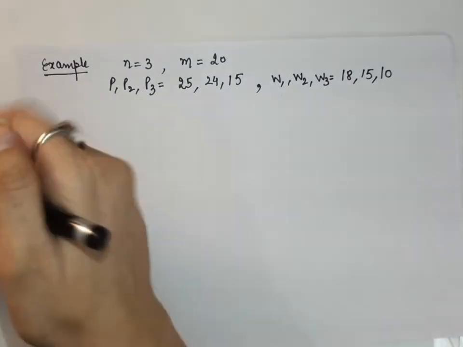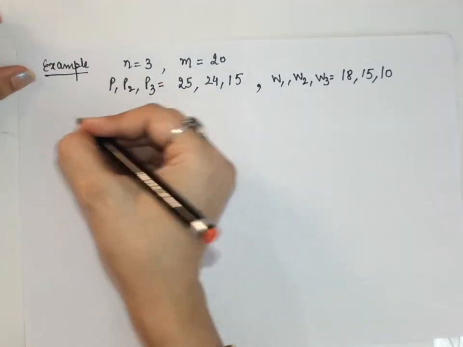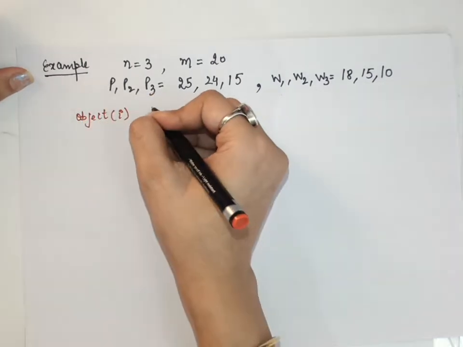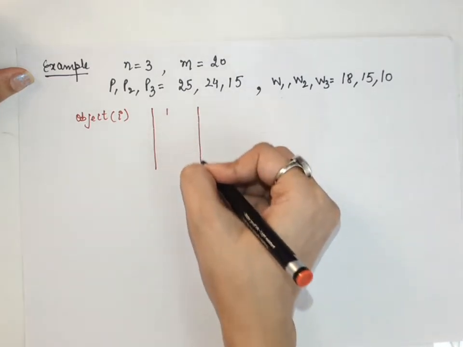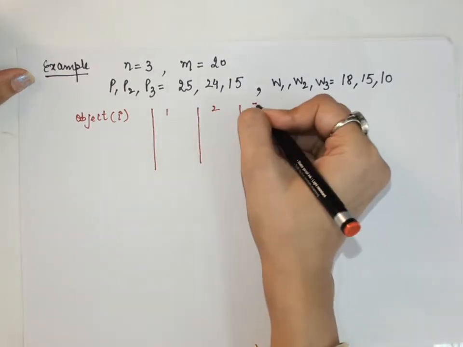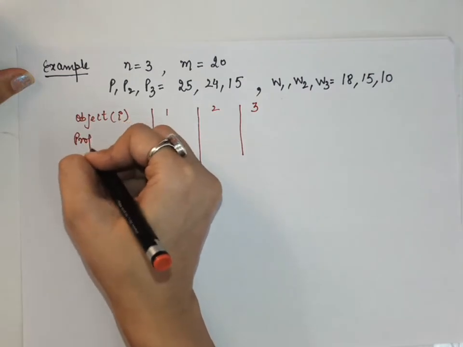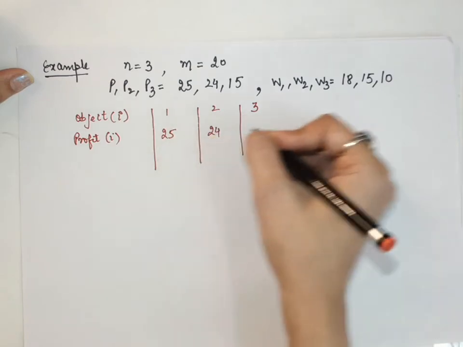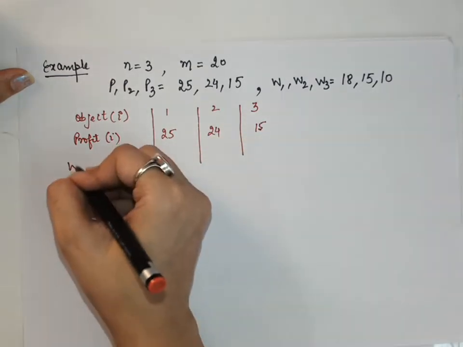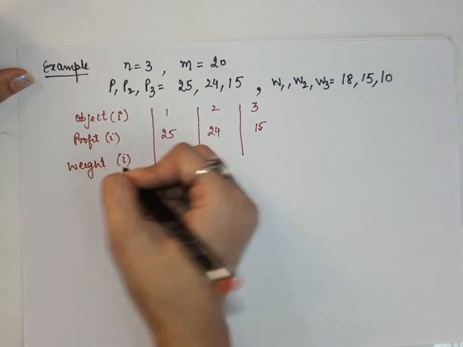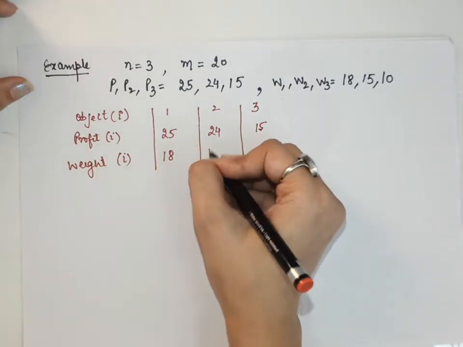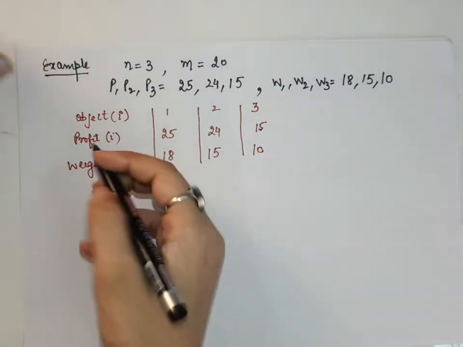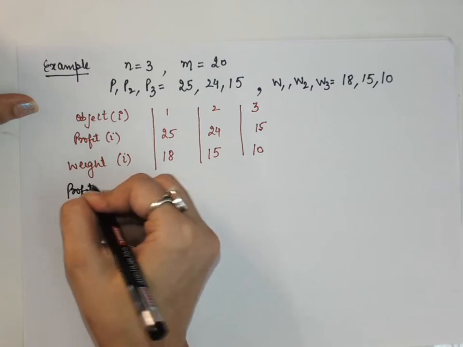Now first we calculate profit by weight of each item. Let's see how we calculate. Suppose we make a chart like this. We have 3 items, 1, 2, 3, and profit is also given, that is 25, 24, 15, and weight is also mentioned here, that is equal to 18, 15 and 10. Now I will calculate profit by weight of each item.